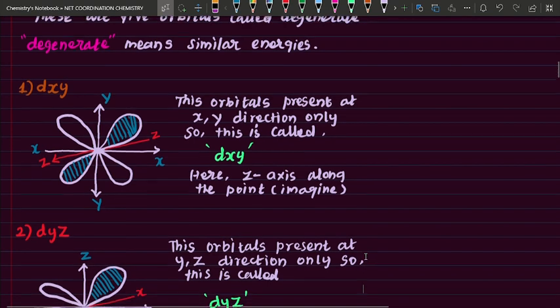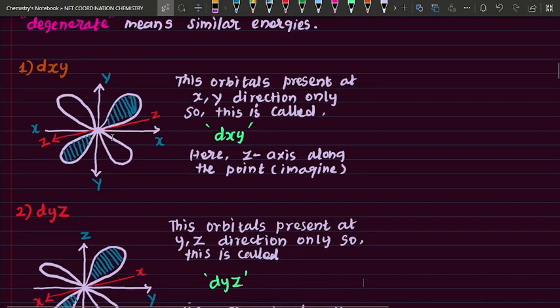Let's see the first one, dxy. This is the x axis, this is the y axis, this is the z axis. Please keep imagining it yourself. These orbitals are present in the xy direction only, so this is called dxy. Here the z axis is along the point.